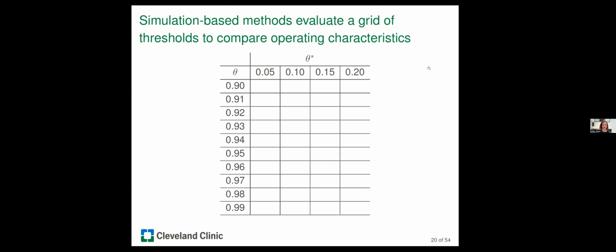So in the simulation results I'm going to show, I'm looking at 10 different posterior thresholds ranging from 0.9 to 0.99 and 4 different predictive thresholds, 0.05, 0.1, 0.15, and 0.2. And so this grid is a combination of 40 different potential designs, which will have their operating characteristics simulated to calibrate these thresholds for our ideal design.